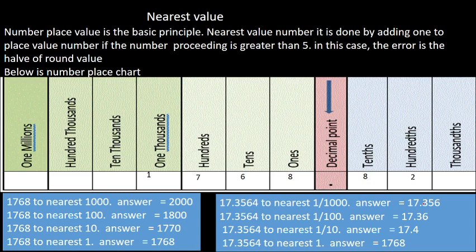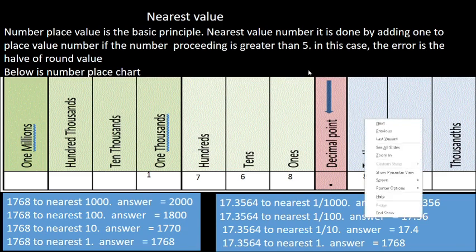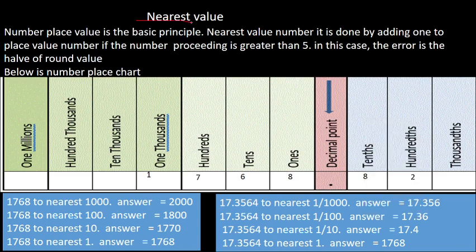I want you to observe this closely to see what we want to explain at this point. When we say nearest value, what is the meaning of nearest? Something that is close. Closest. Value is a digit. We want to look at the nearest digit, closest digit.